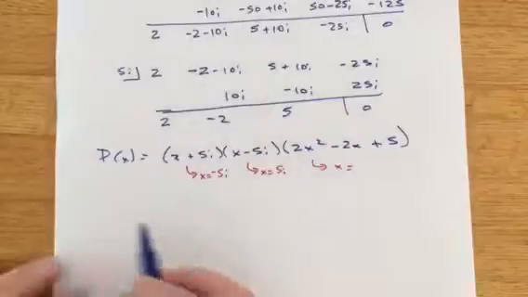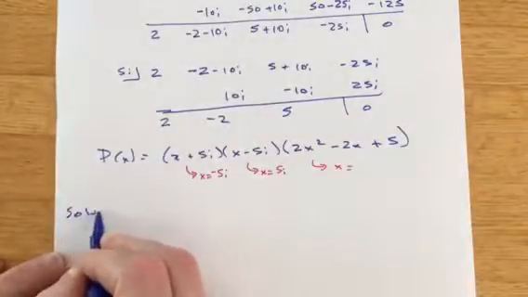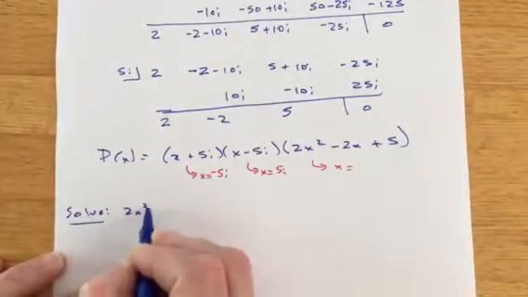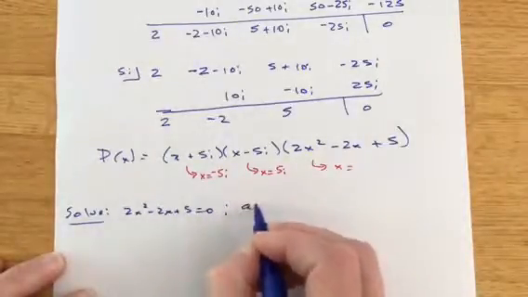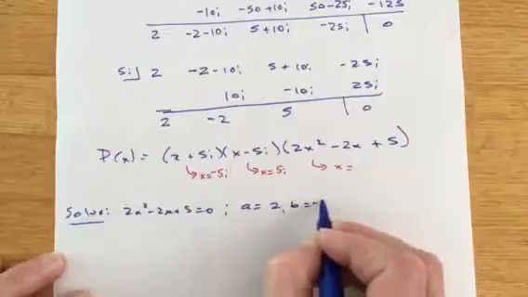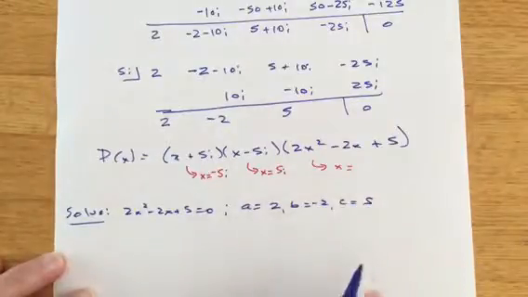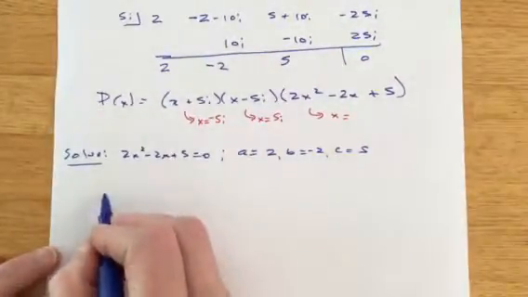Okay. And so, again, we're just solving 2x squared minus 2x plus 5 equal to 0 using the quadratic formula. So a is 2, b is negative 2, and c is 5. Okay.